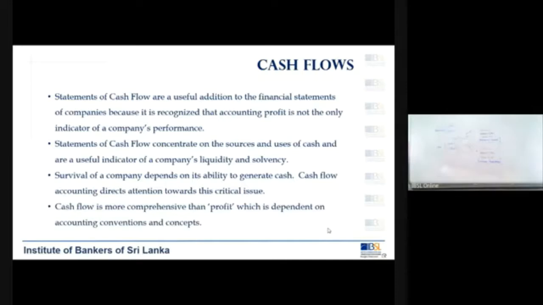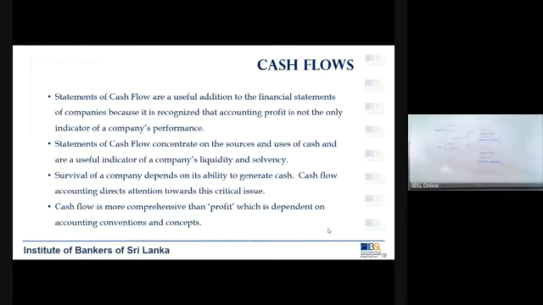Therefore, cash flow becomes more comprehensive than the profit that we are talking about of a company, right? Because right now we know the profit or the accounting profit. Now say when you prepare a statement of comprehensive income, you get a profit. You say profit after tax. Now that is just a number, because there are a lot of assumptions and conventions and concepts applied.